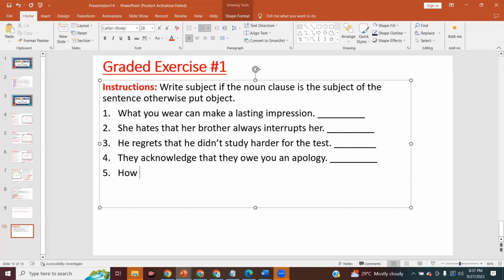How they manage to escape remains a topic of conversation.